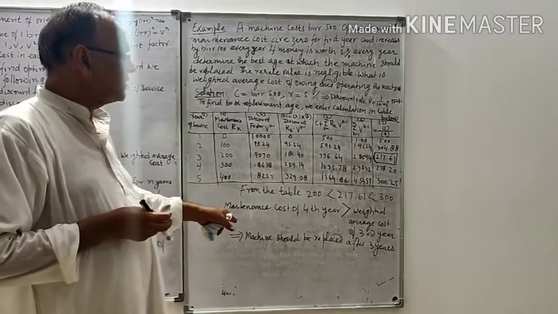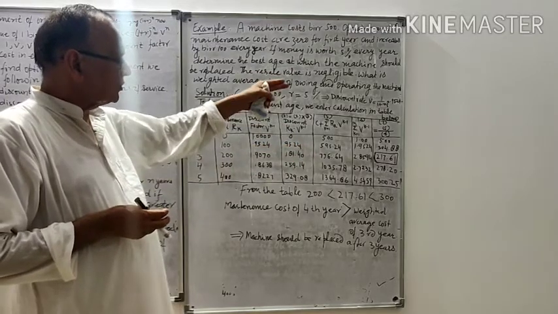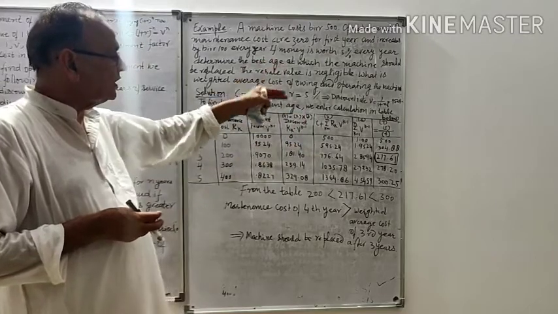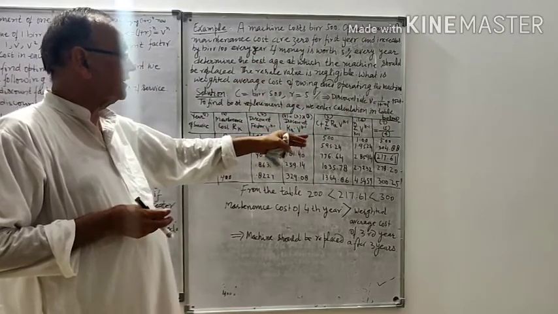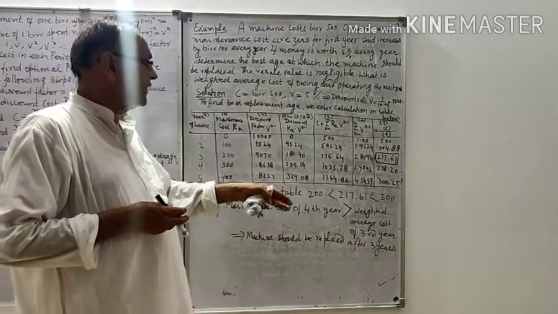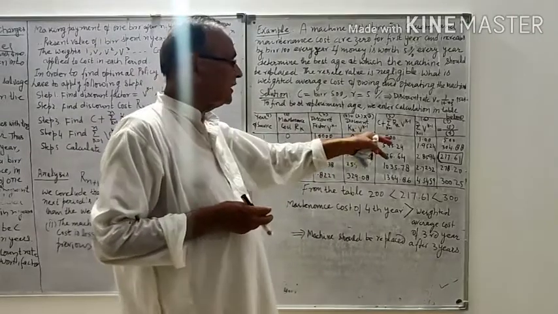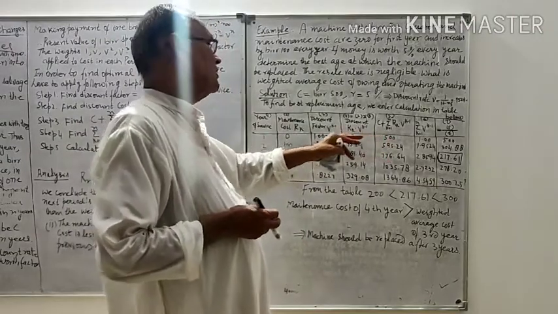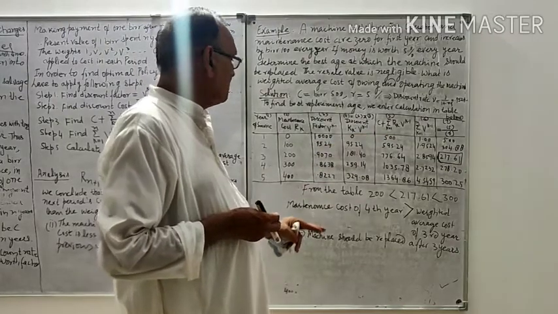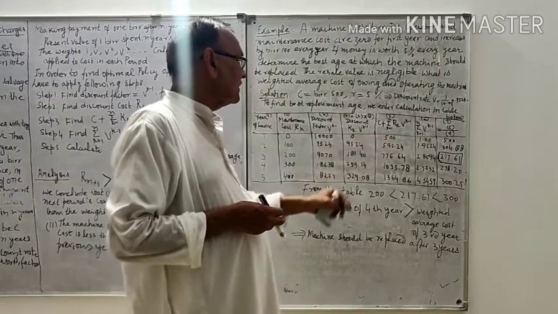So you have to check that in the total weighted average cost column, the cost is going to decrease, but when it has gone to a minimum and again starts to increase, at that moment the machine is to be replaced. And you also have to check that the next year maintenance cost is more than this total average cost.